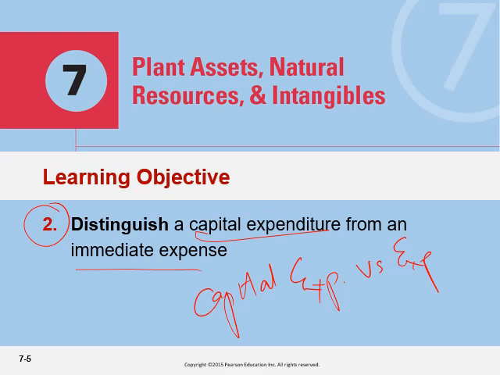So what is the difference between capital expense and immediate expense? Normally, in some books, there is a definition of expenditure and expense. So if we are talking about expenditure, it means capital expenditure. Whether you name it expense or expenditure, you should know the logic.